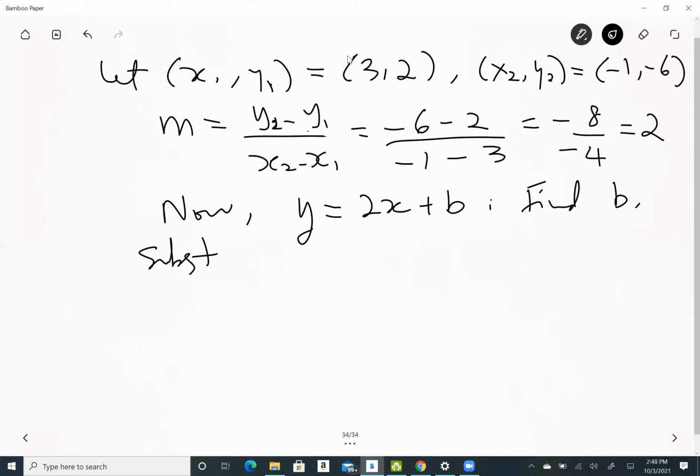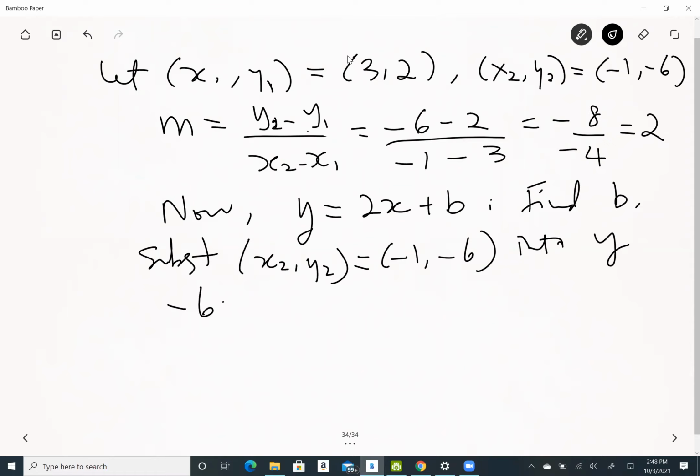Did you substitute x1, y1, or x2, y2? Some people do x1, y1, and probably some people do x2, y2. So we do x2, y2 because most of you do x1, y1 equal to -1, -6, into y.